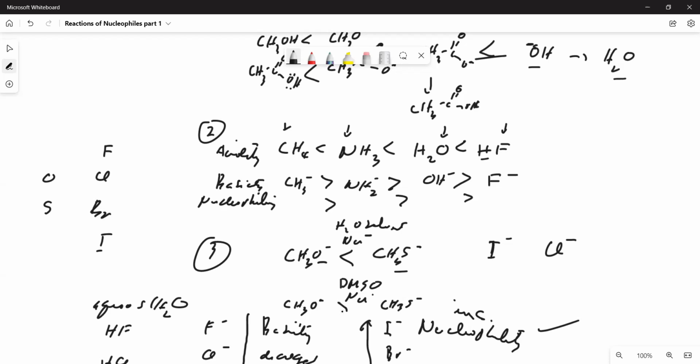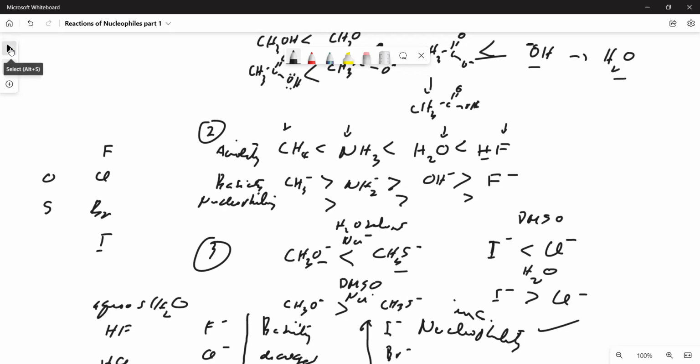So this will be more nucleophilic in an aprotic solvent, but in protic solvent, less nucleophilic. So for iodide and chloride in DMSO, iodide is less nucleophilic, but in water, iodide will be more nucleophilic than the chloride.